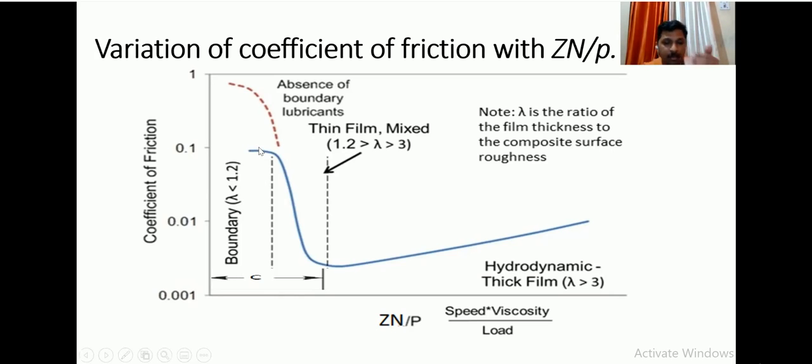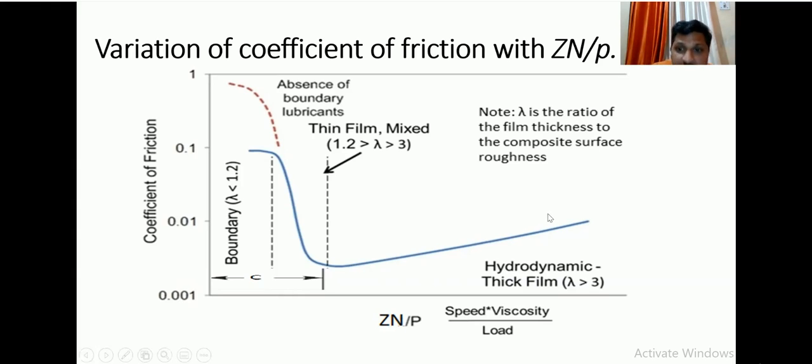As the journal attains some speed, the friction starts reducing, it reduces to some extent, and then when a sufficient thickness of oil film has been developed, it again starts increasing.